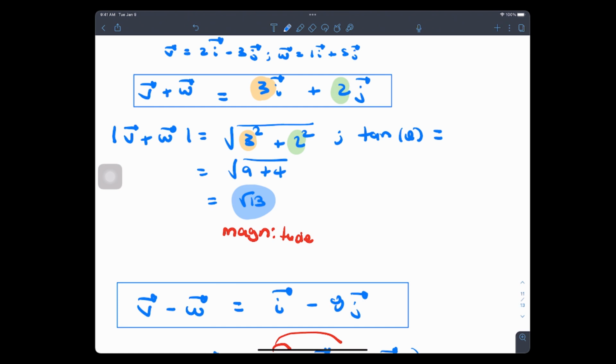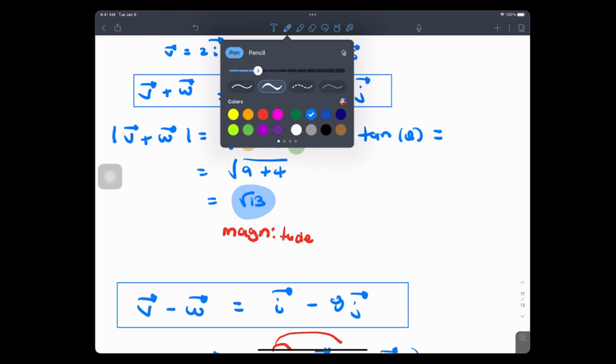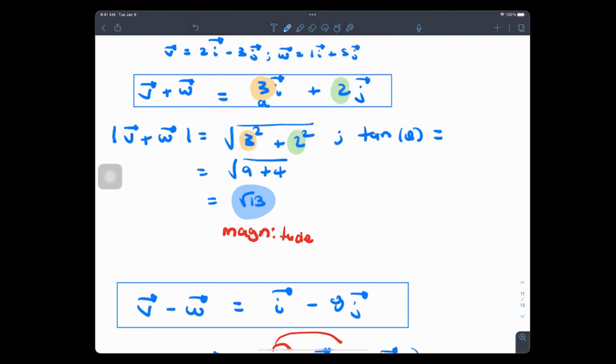How do we get, what do we set tangent theta equal to? Isn't that a over b? Is that 2 over 3 or 3 over 2? What was it? Wasn't it b over a? Yes.